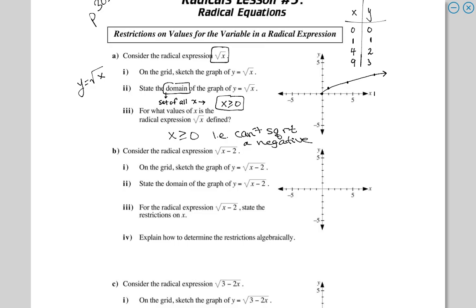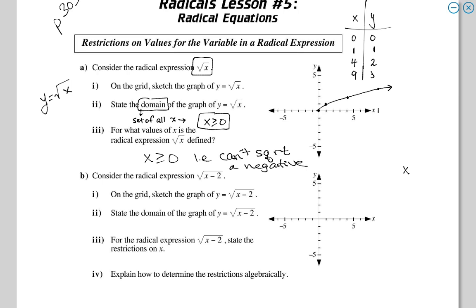So what's the next one going to be? Start a table of values. Is 0 going to work? What happens when you put x as 0? What's 0 take away 2? -2. Can you take the square root of -2?